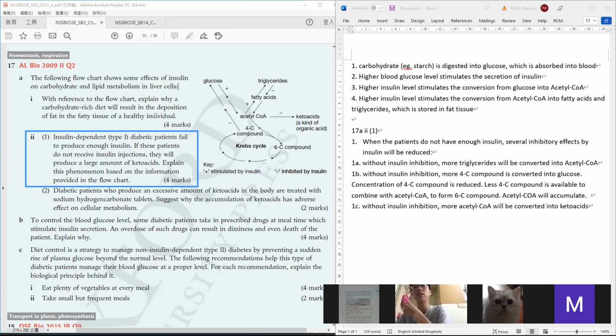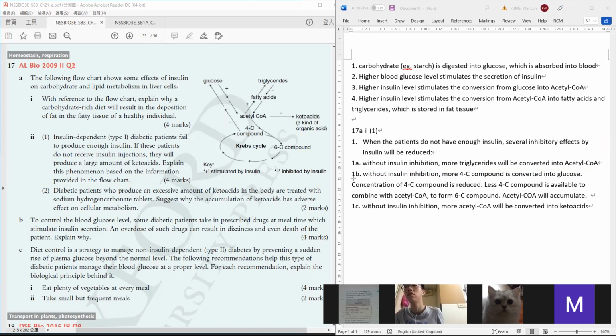Romana, do you understand? Can you explain again? When you express it by your own words, I want you to express it first. Which arrow refers to which arrow? Without insulin inhibitory effect, those minus signs will be reduced.